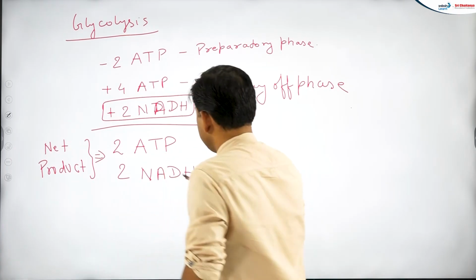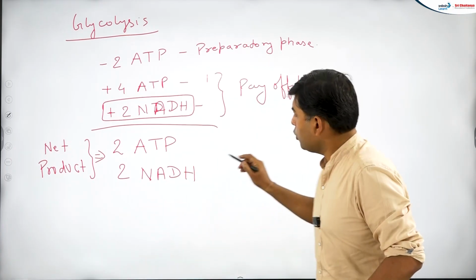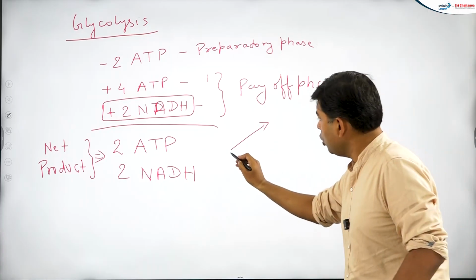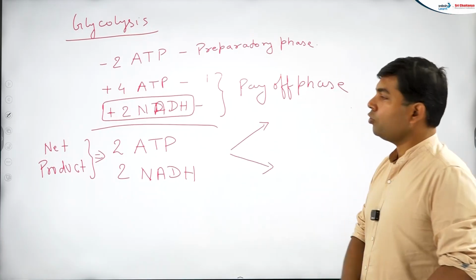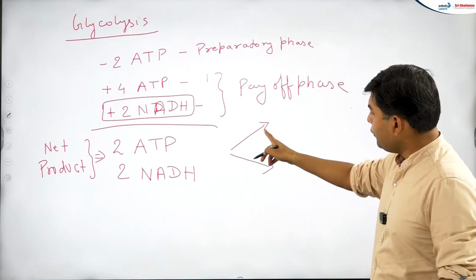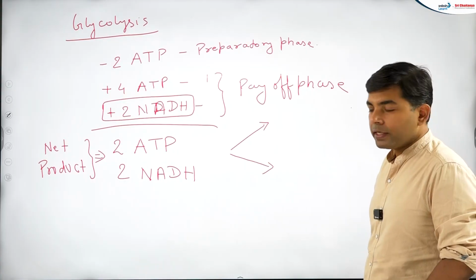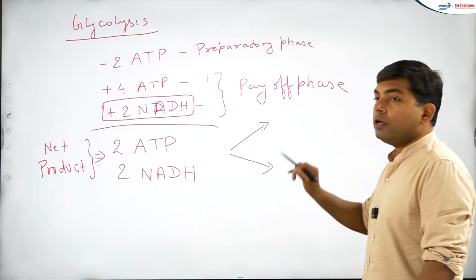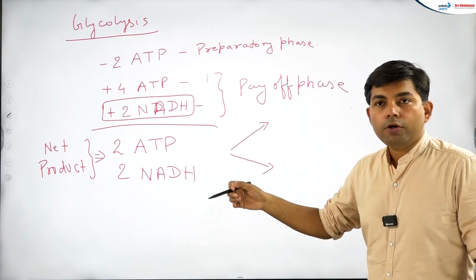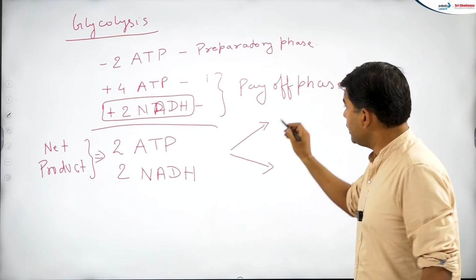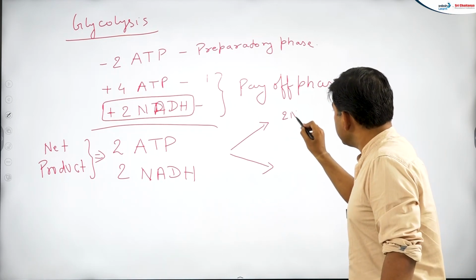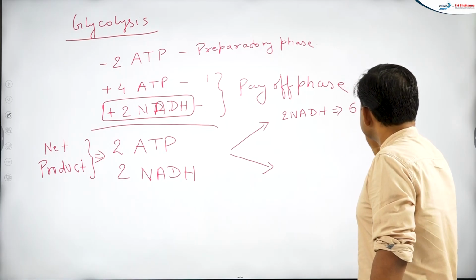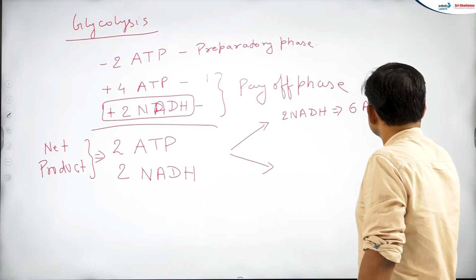But now here this product can go into two forms. Either it can go in aerobic respiration or it can go in anaerobic respiration. If it goes into aerobic respiration, then this 2 NADH will get converted into ATP, and here 2 NADH will get converted into 6 ATP.